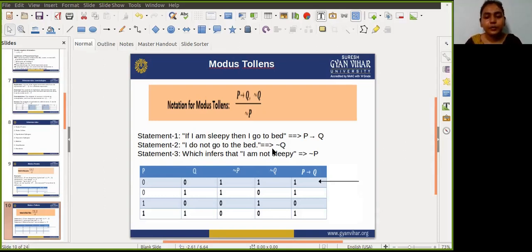In the third case P implies Q is 0 and not Q is 1, so obviously the result will be 0, so let it be. Again for P implies Q is 1 and not Q is 0, the result is 0. So it is proved by using modus tollens that if P implies Q is true and not Q is true, then it infers that not P is also true.